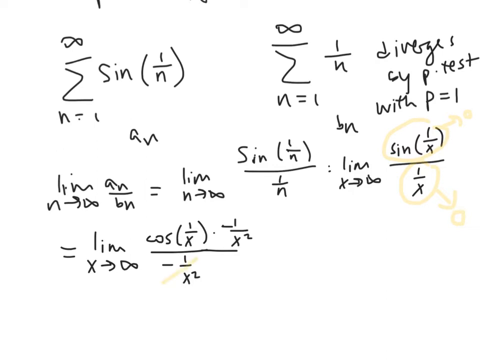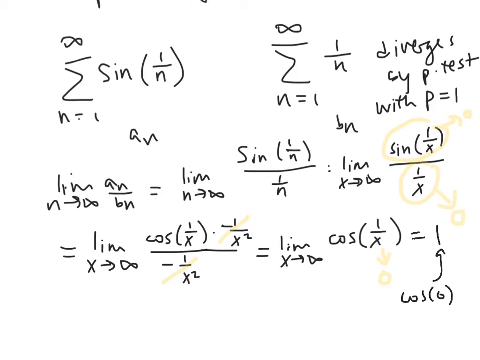We see that the negative 1 over x squareds cancel out, and therefore we're just left with the limit as x goes to infinity of the cosine of 1 over x. Now we see that 1 over x is going to 0, and therefore the cosine of 1 over x must be going to the cosine of 0, which is 1.